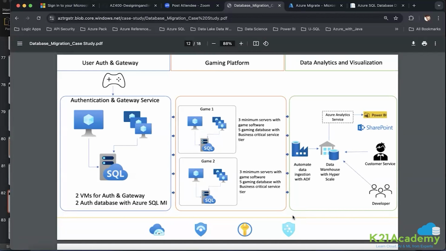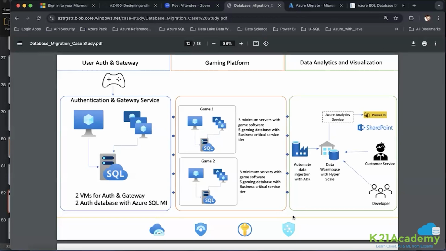The middle part is the gaming platform, right? I'll come to the approach they can take for the migrations in upcoming slides. For the gaming platform perspective, I can say they may have n number of game platforms, and the same replica will go for it: three minimum servers with game software and five gaming databases with business critical service tier.